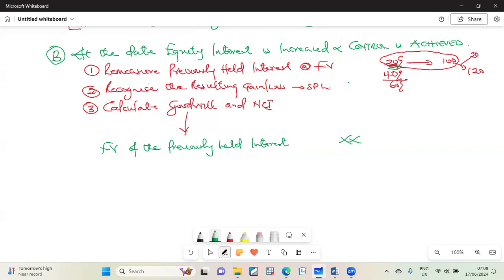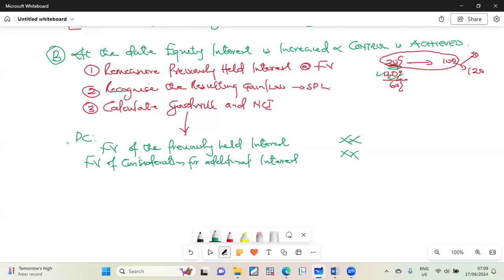Then we bring the fair value of consideration for the additional interest, which is the 40%. So then we have the value for the 60%. That is how we derive our purchase consideration.